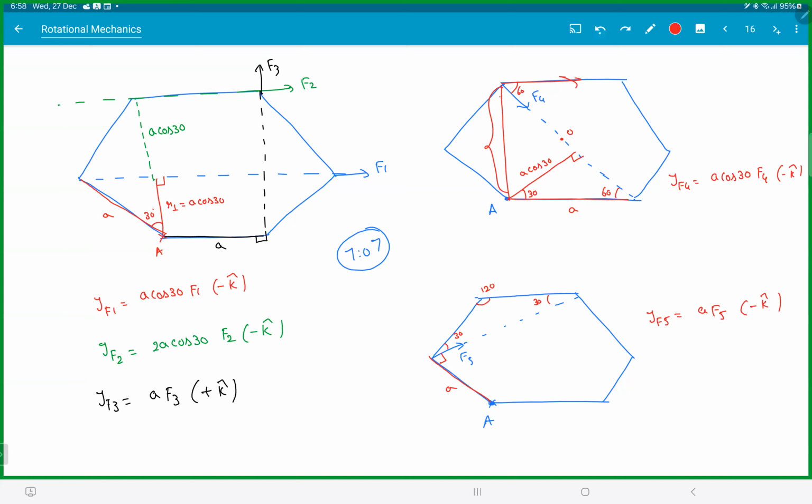Check. You should have got F4 sin 30 into 2a cos 30. Or maybe did I goof up somewhere here? Looks right.